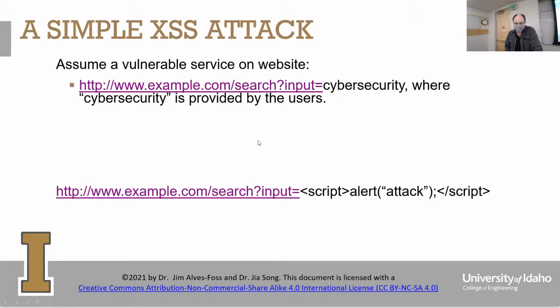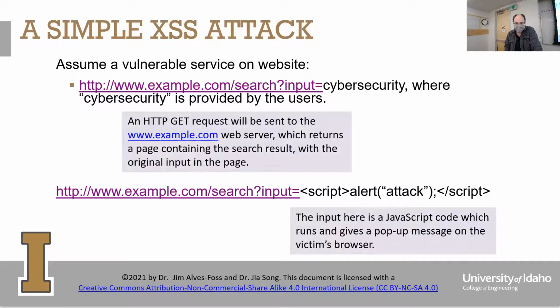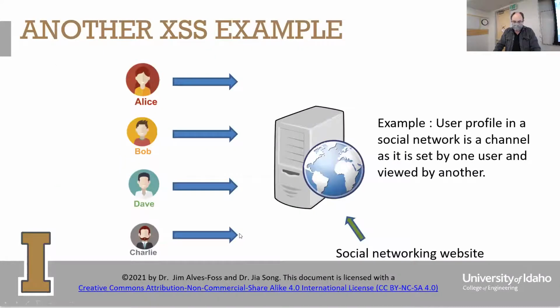Like I said, I will show you these actual ones. So an HTTP GET request is sent to the example.com web server, which returns a page containing the search result with the original input on the page. So if I click on something, it goes to a server, it comes back and says, hey, here's the input, that part of what you put in, and I put in the script, you know, we got the attack.